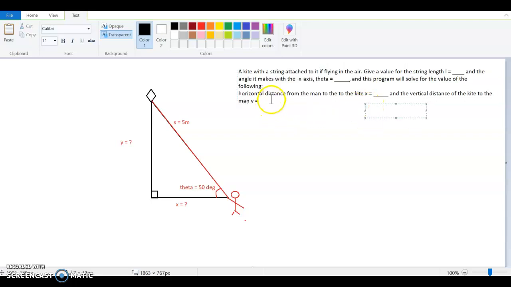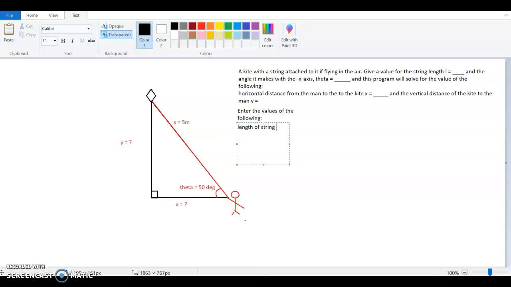And then after that, you will ask the user to enter the values. Enter the values of the following. So let's say the user will enter the length of string.